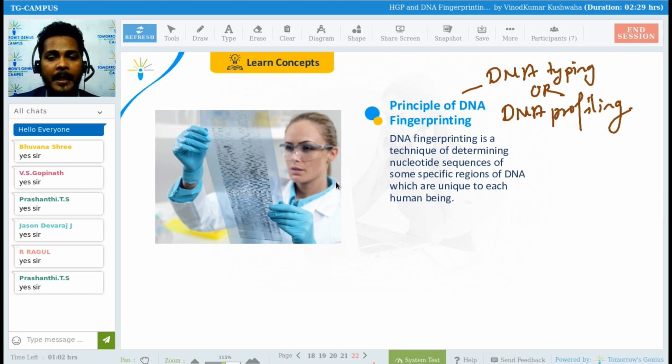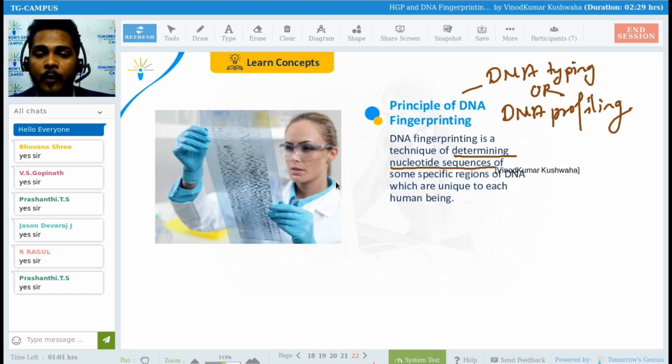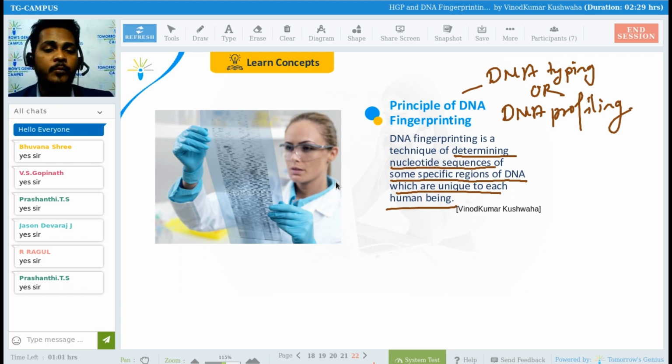This DNA fingerprinting is a kind of technique that determines the nucleotide sequence of certain areas of DNA. What is the main aim of this technology? It determines the nucleotide sequence of some specific region of DNA which are unique to each human being. That is what is called DNA fingerprinting.